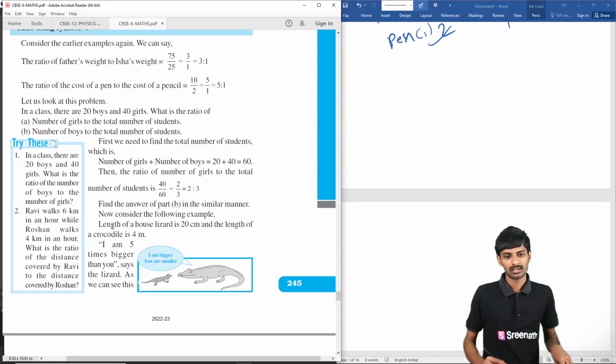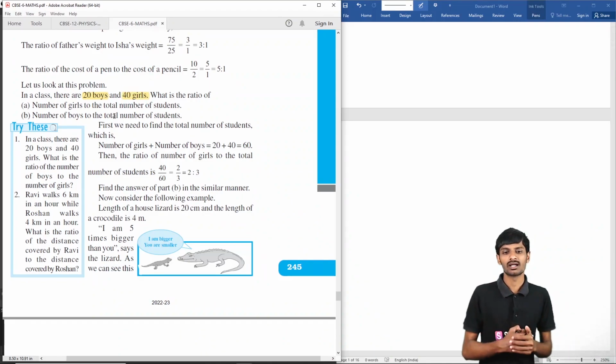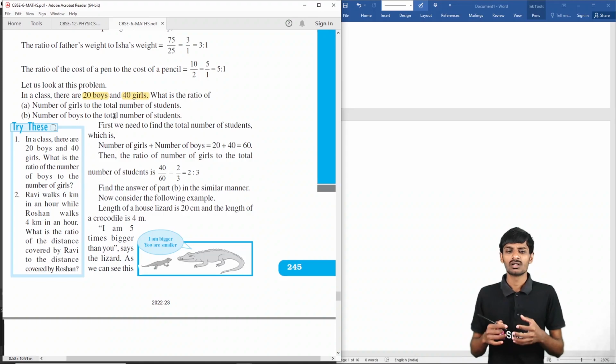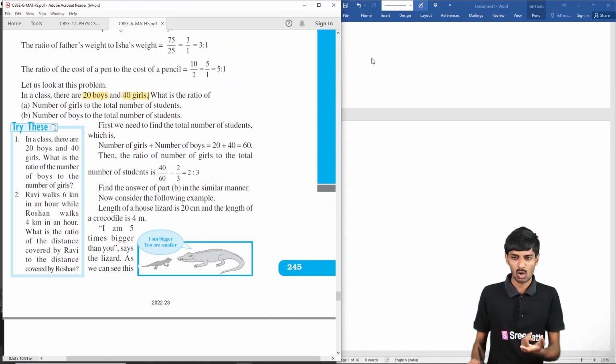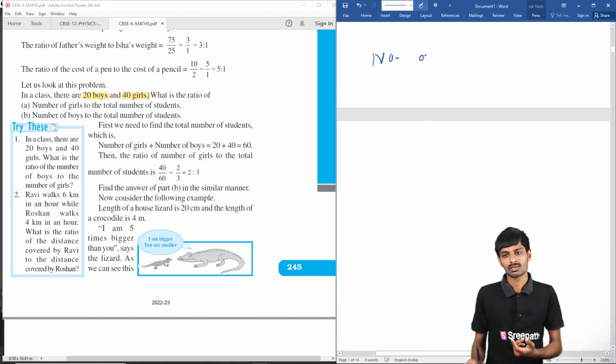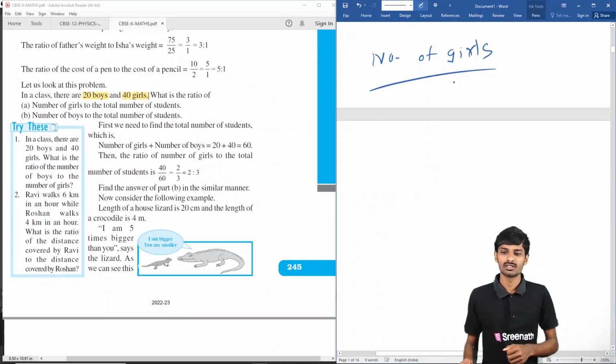Another problem is there. In a class there are 20 boys and 40 girls. Somebody asks you, what is the ratio of the number of girls to the number of students?